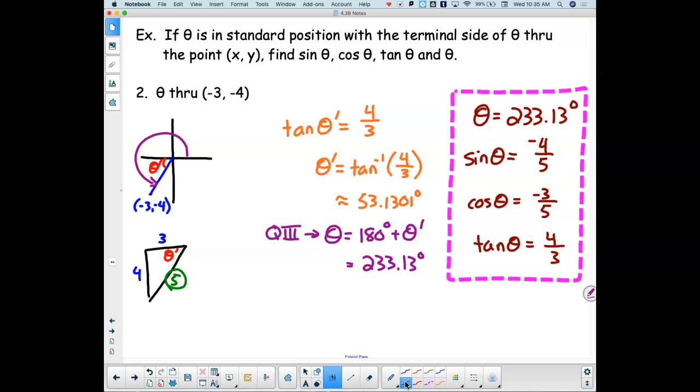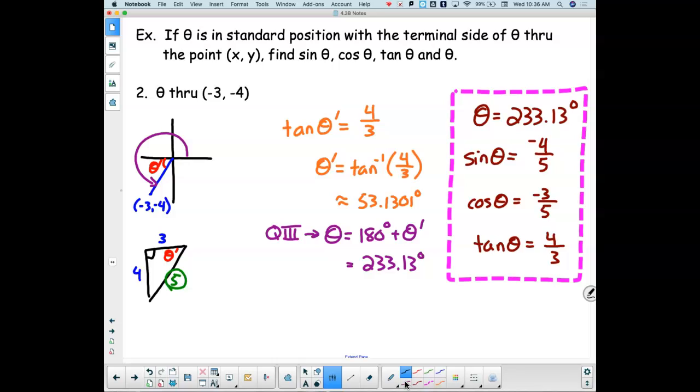But we use theta prime to find it. Sine is SOHCAHTOA. So I go back to my triangle, right? So sine is 4/5, because here is my right angle. Opposite over hypotenuse. Because we're in quadrant 3.